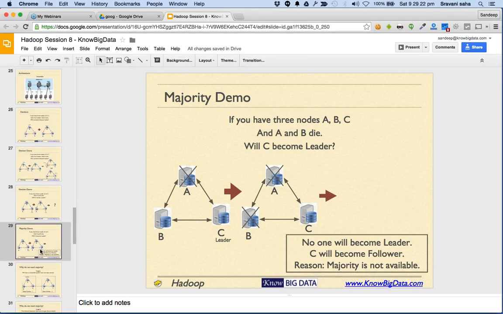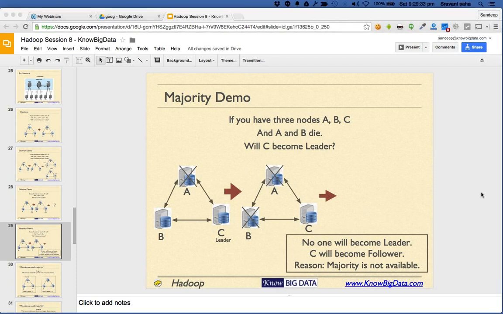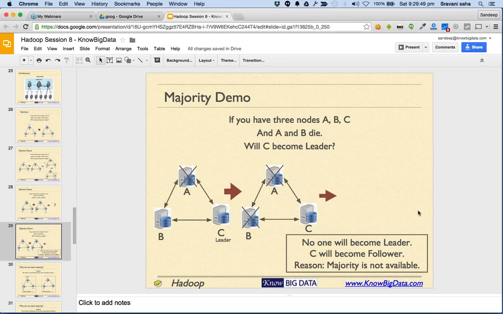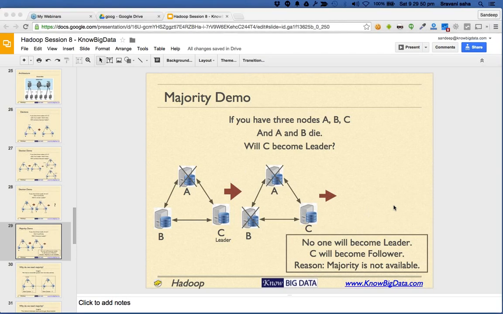Now, you would be wondering that although we have one machine up, we are still not making it the leader. Instead, we are choosing a read-only cluster, meaning making nobody the leader means a read-only cluster. Why is it so? Can somebody guess? Why do we require a majority for the selection of the leader?